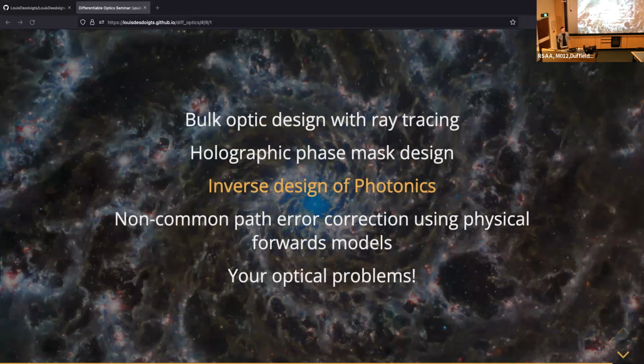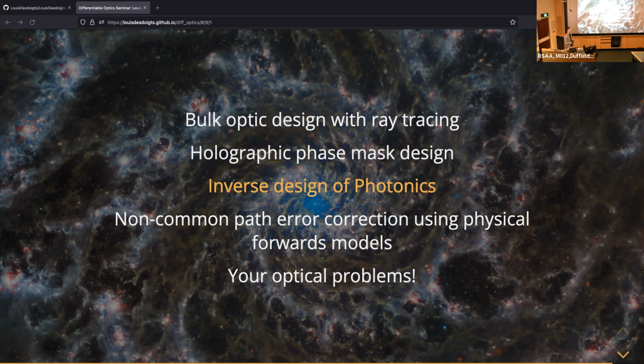We've got some really great free space propagator algorithms in the pipeline at the moment to be able to do holographic phase mask design. Also, there's a lot of interesting work going on in photonics. That link there is to the Google X team, who are building a differentiable optical framework for photonics specifically in JAX. So they think it's a good idea.